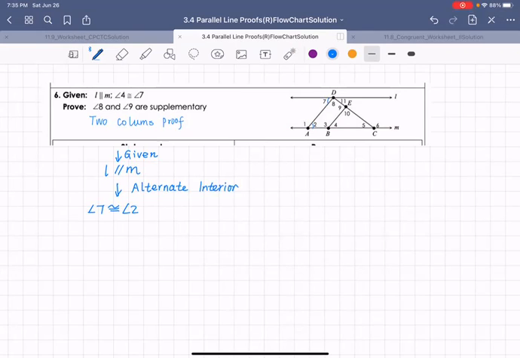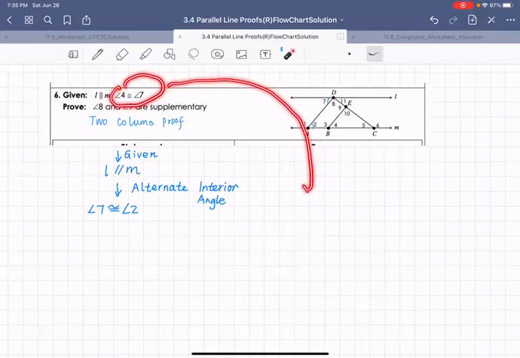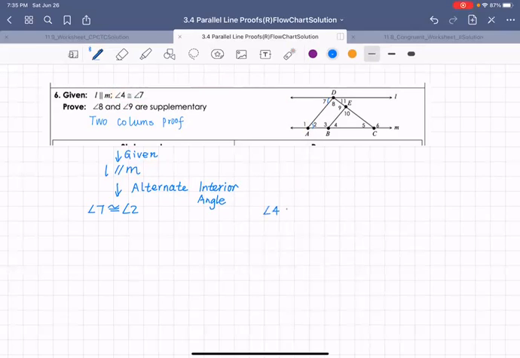Okay. What else? Can I do the given? Yes, okay, let's put it down here. This is given, right? Now, we can connect them, right?